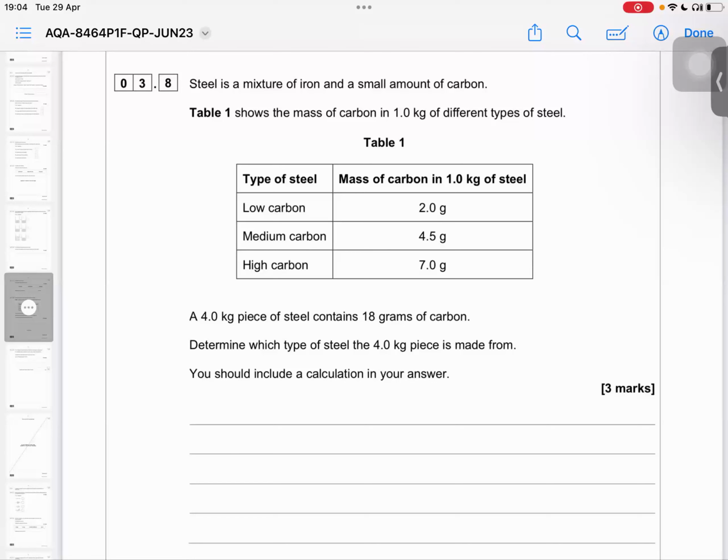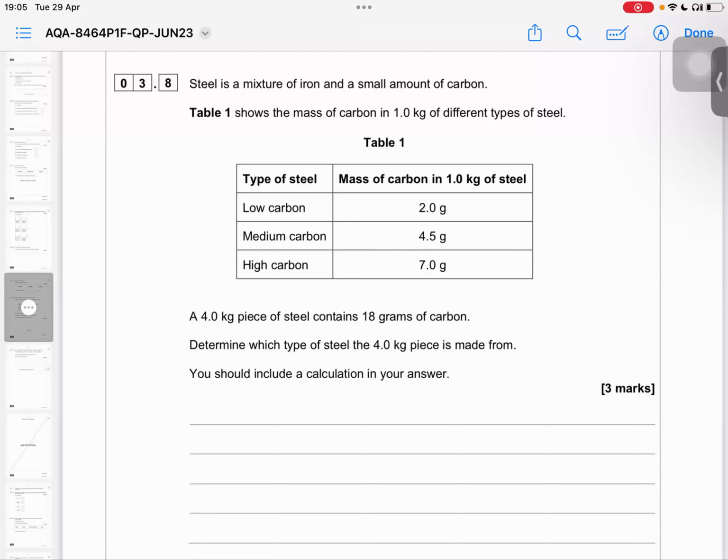Okay. What does the next one say? It says steel is a mixture of iron and a small amount of carbon. What does it go on to say? It shows the mass of carbon in 1.0 kilograms of different types of steel. The one that has low carbon is 2.0, medium carbon 4.5, high carbon 7.0.